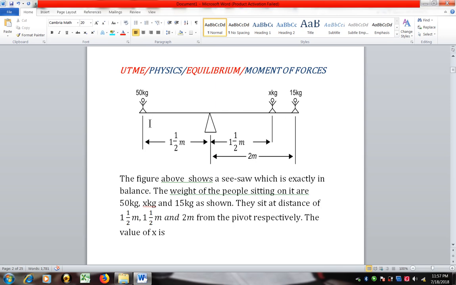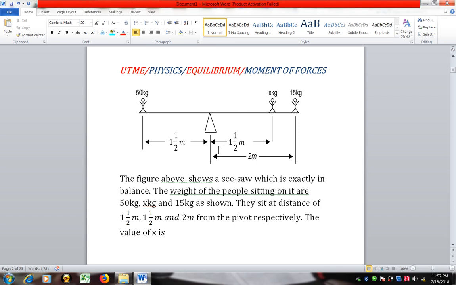Then we come to the other side. The moment due to the 50 is 50 times 1.5, the perpendicular distance between 50 and the fulcrum. This is the anti-clockwise moment.